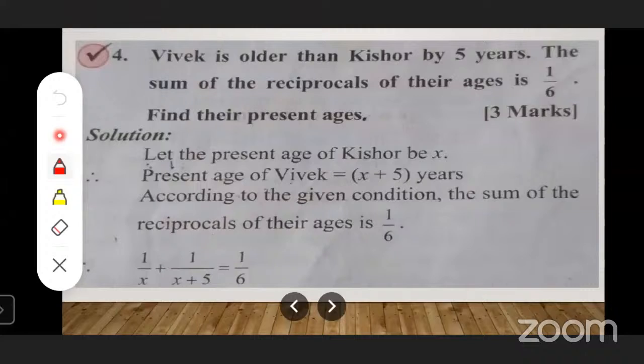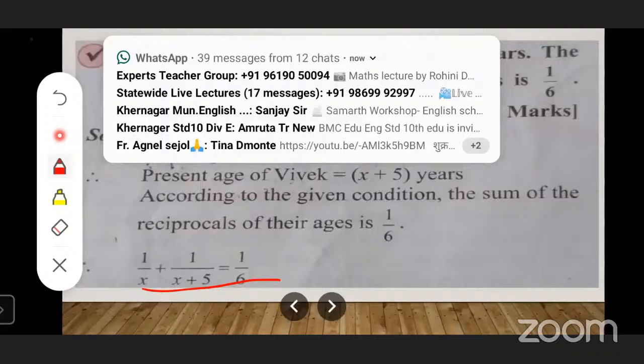So, according to this condition, you should write the equation as 1 upon X. 1 upon X is the reciprocal of whose age? Kishore's age. Plus 1 upon X plus 5. 1 upon X plus 5 is the reciprocal of whose age? Vivek's present age. Right?